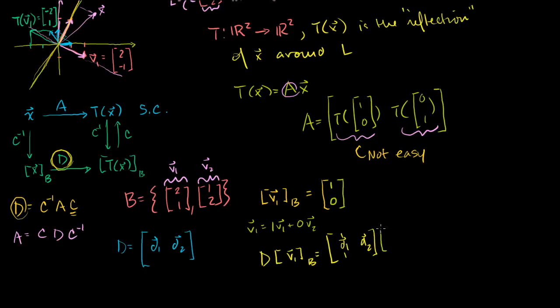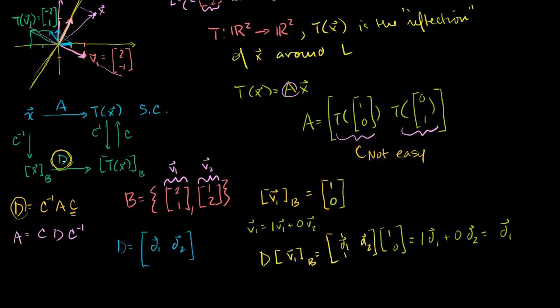So it's going to be times 1, 0. Now, what is this going to be equal to? Well, this is just a linear combination of these columns. So it's going to be 1 times d1 plus 0 times d2, which is just d1. So it's the first column of D.